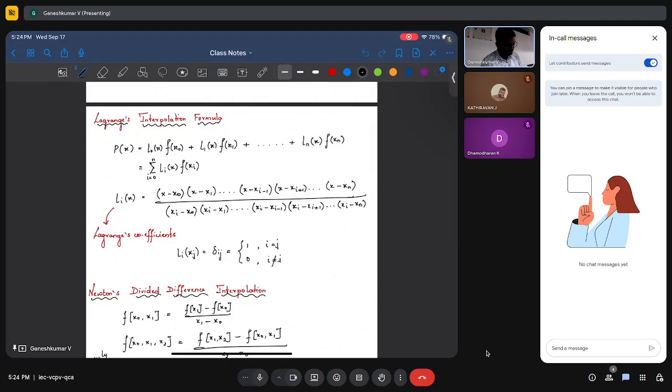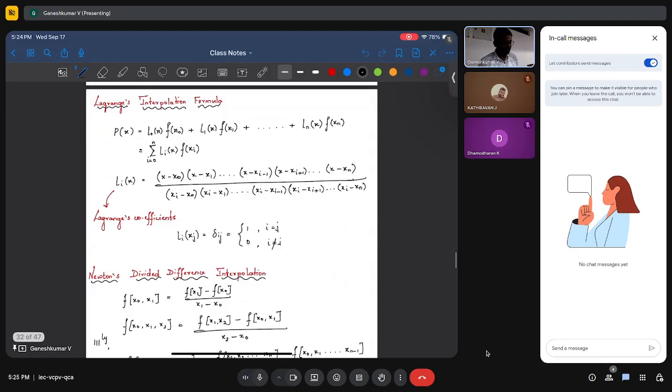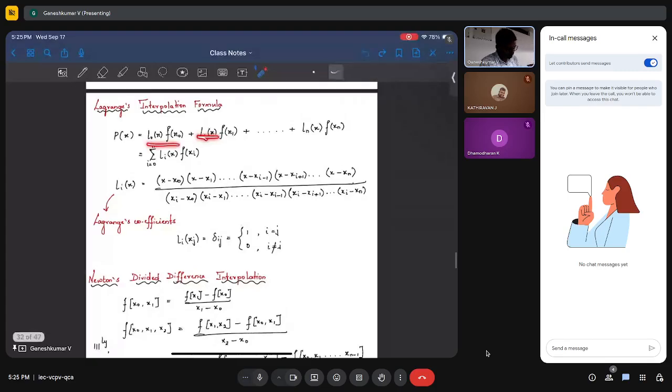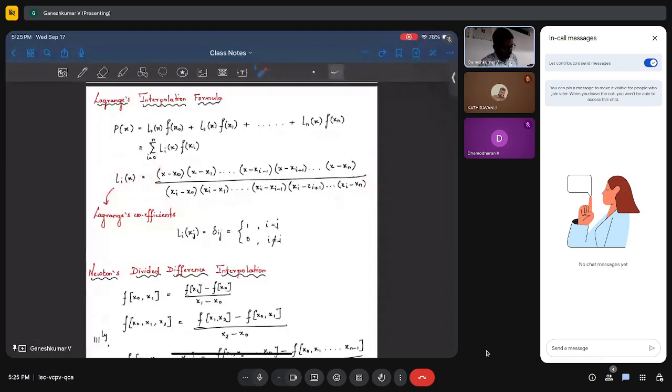For the Lagrange interpolation formula, you have these Lagrange coefficients. It is again a polynomial, but the polynomial is the Lagrange coefficient multiplied by the function value. So L0, L1, L2, and you continue till Ln, for however many data points you have, and each Lagrange coefficient can be expressed something like this.